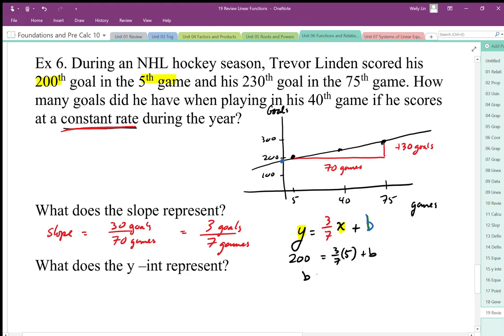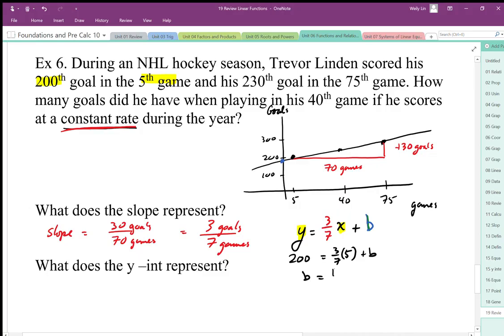The Y-intercept is not going to be exactly on a whole number. So let's use our fraction here. We're going to have 15 over 7.